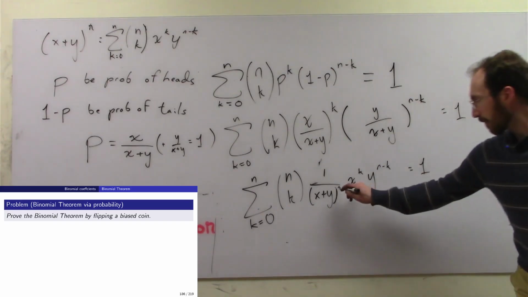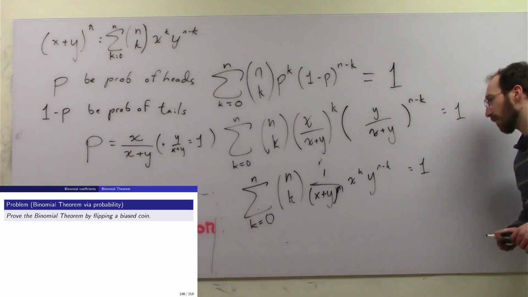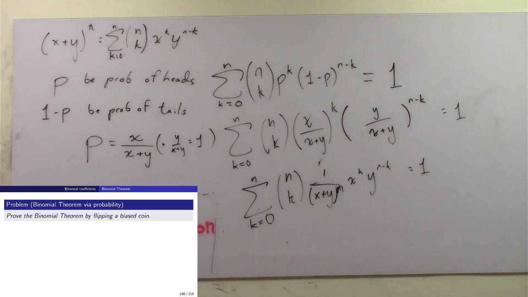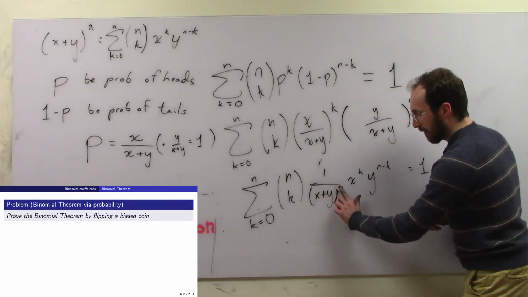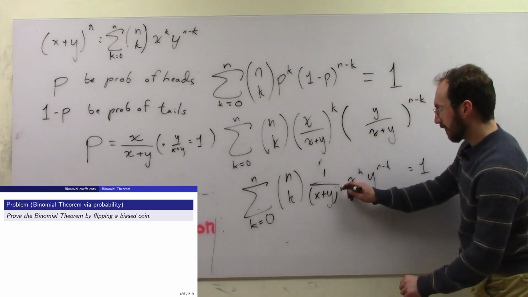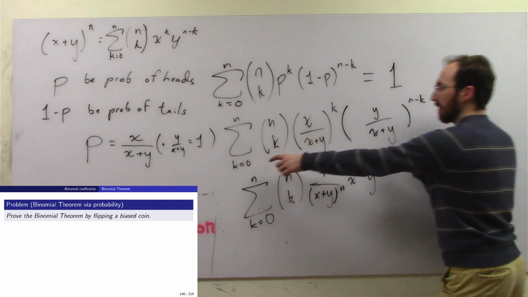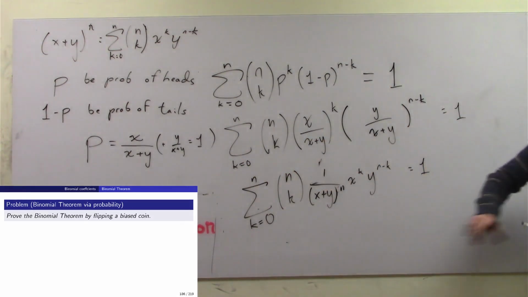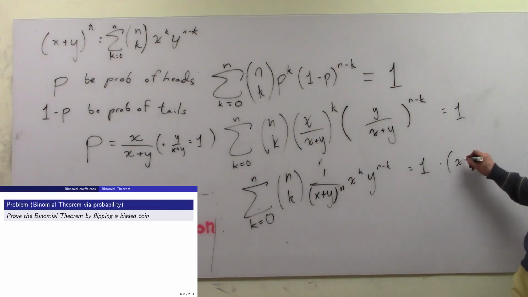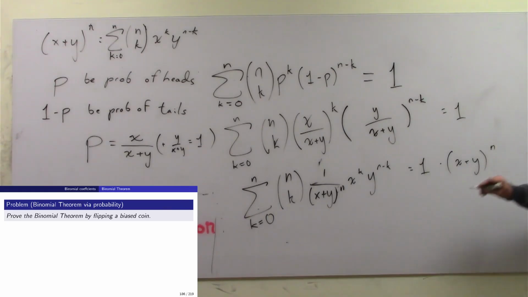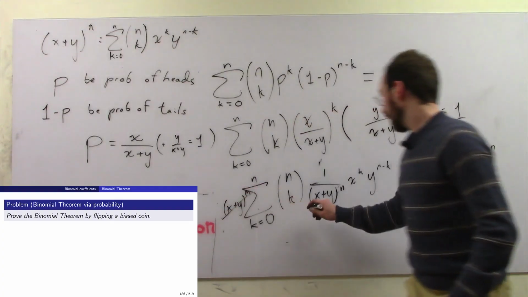Whew, all right. Now, what's the last thing we get to do here? Anyway, x plus y to the n. As it was written above, we were made to think that all of this was dependent on k, but there's no k floating around here, so I can just multiply both sides by x plus y to the n, and pull it out and get rid of this term.